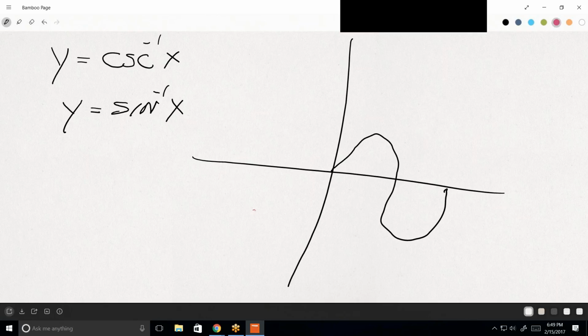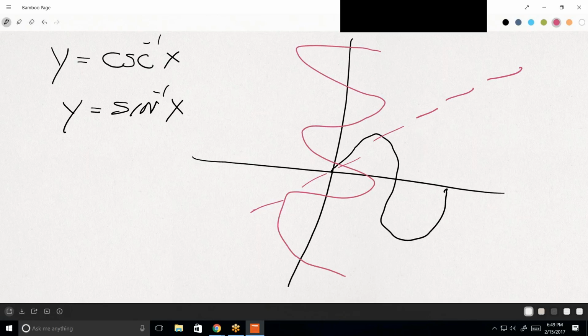But if I did that here, I would end up with something that looked like this. That's not a function. It doesn't pass the vertical line test. So whenever you take the inverse and it does not pass the vertical line test, then you know that you have to restrict the domain.